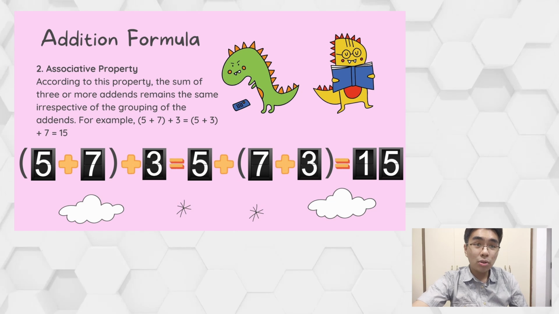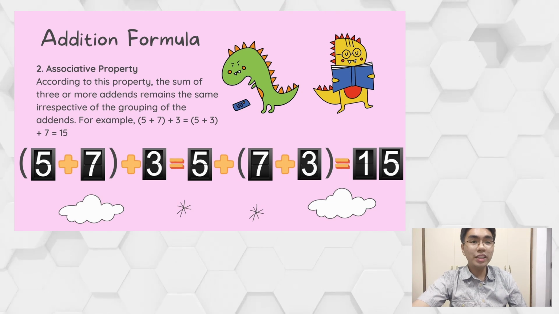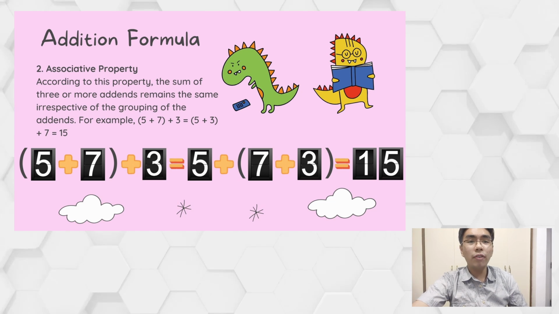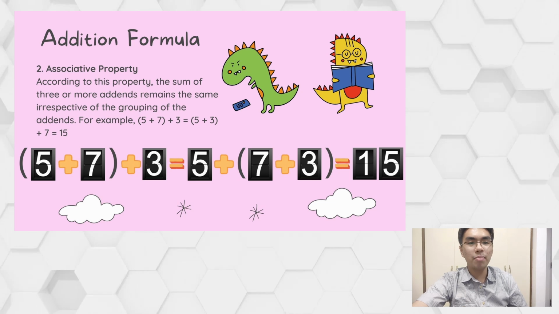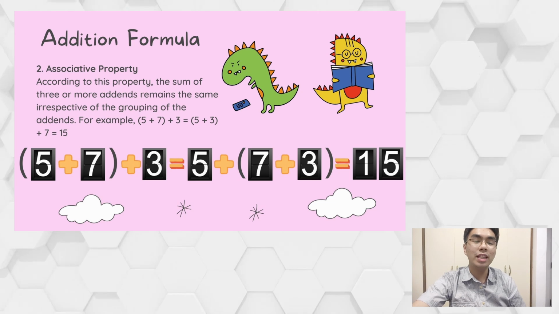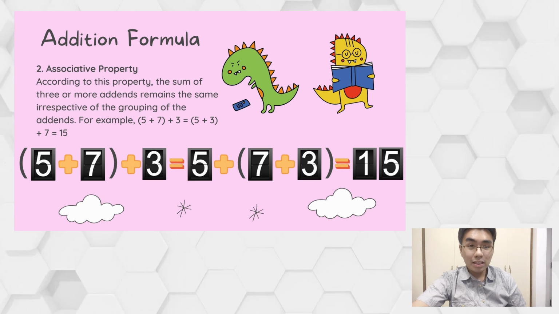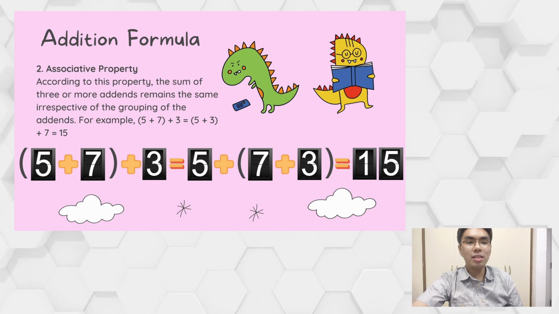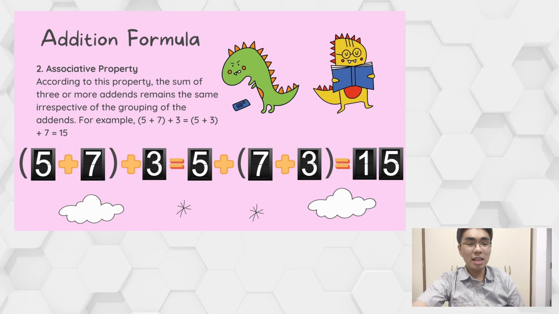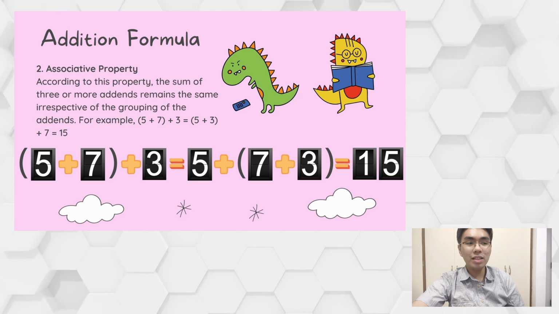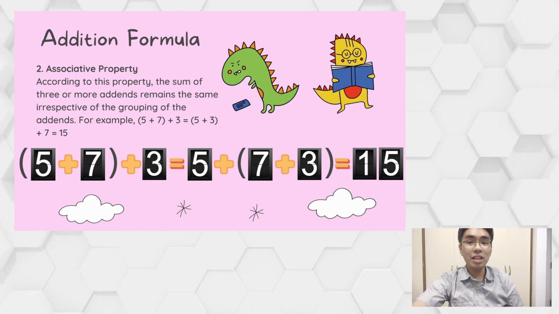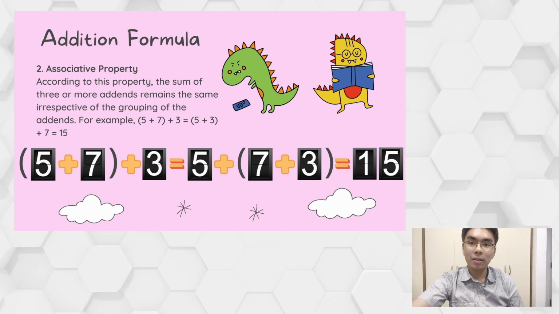Next is the associative property. According to this property, the sum of 3 or more addends remains the same irrespective of the grouping of the addends. Here in the example, (5 plus 7) plus 3 is equal to 5 plus (7 plus 3) is equal to 15.